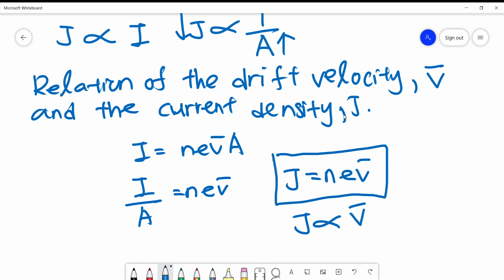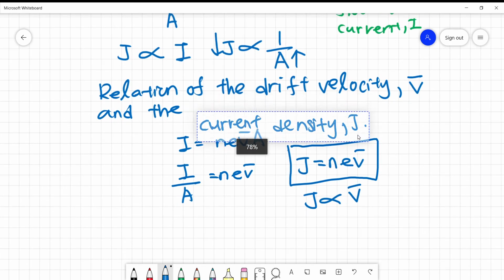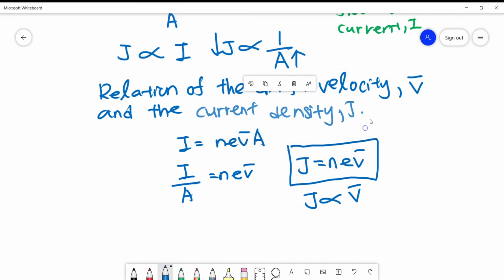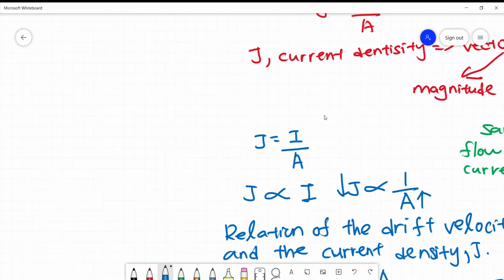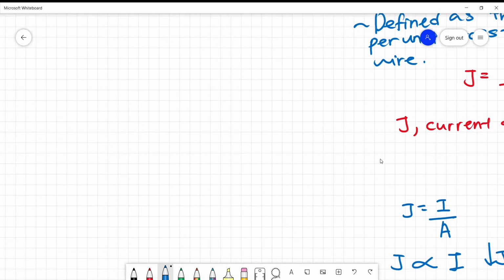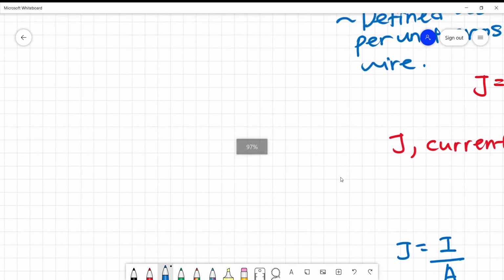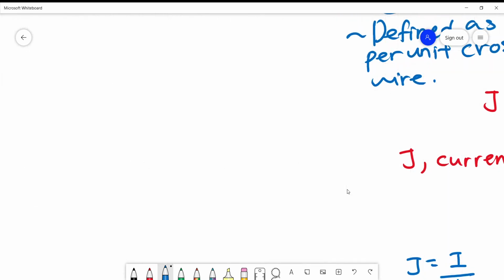Okay, so we have done the introduction and the theory. Let's move forward to some example questions. I'm going to guide you on how to answer questions on current density. For the first example, let me see how many examples I have taken.